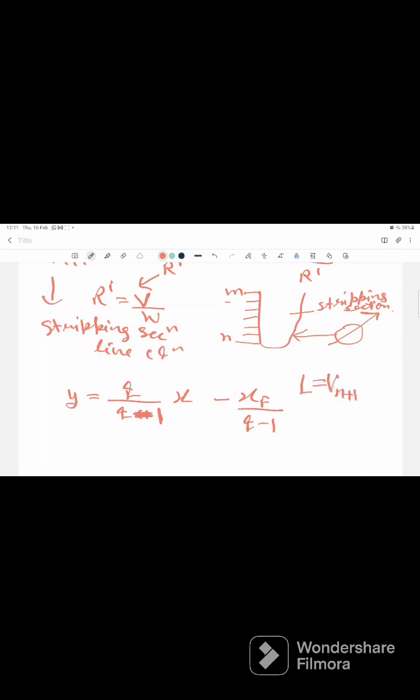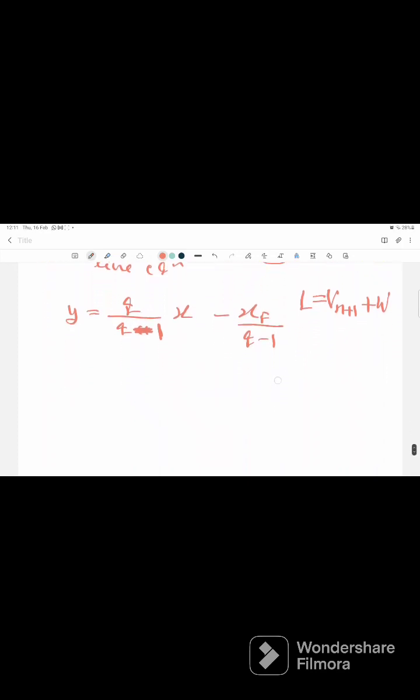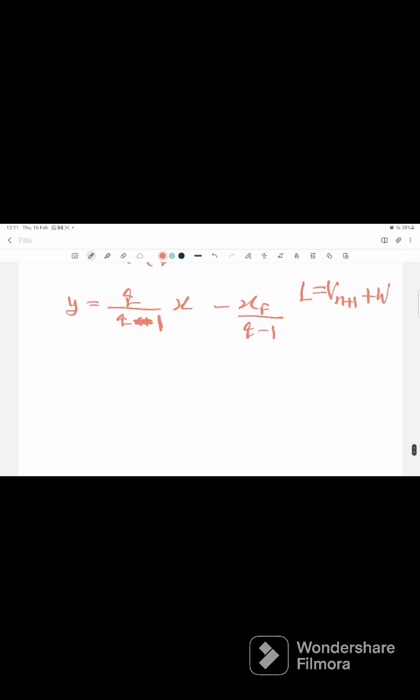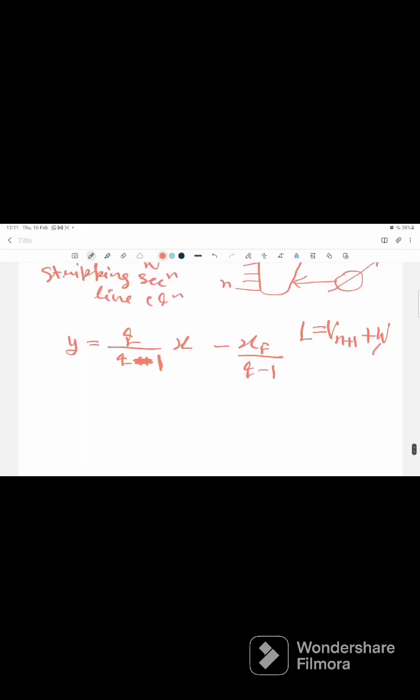Liquid converts into Vn plus 1. This is the residue collected in the below section. Below section means stripping section.